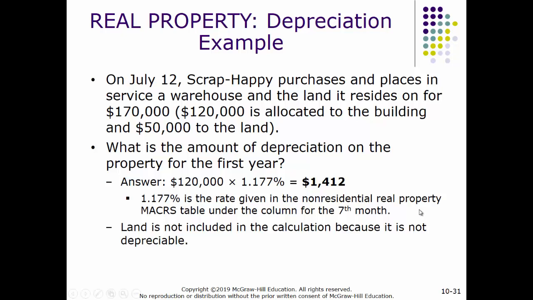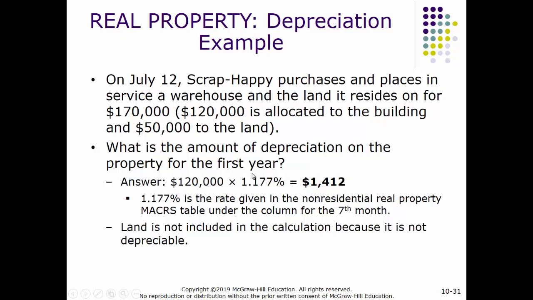So the example here is the company bought a warehouse and the land for $170. Only the building portion, which is $120, can be depreciated. The land is not. So we take $120,000 and we look in the mid-month convention table for this asset.